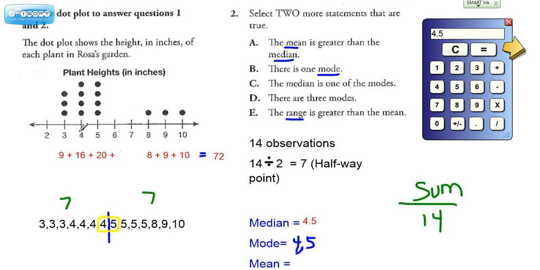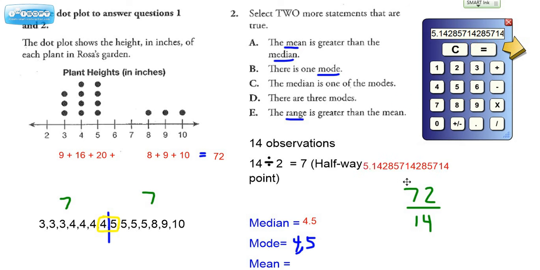We have 4 dots, worth 4, so that's 16. 4 times 4 is 16. 4 dots with a value of 5 gives us 20. 1 dot at 8, 1 dot at 9, and 1 dot at 10. Add all that up, we get 72. So basically the sum is 72. We're going to do 72 divided by 14, and that will give us the mean. 72 divided by 14, and we get this for the mean.